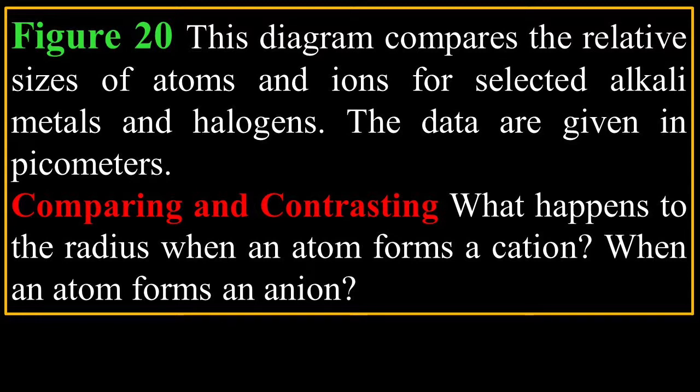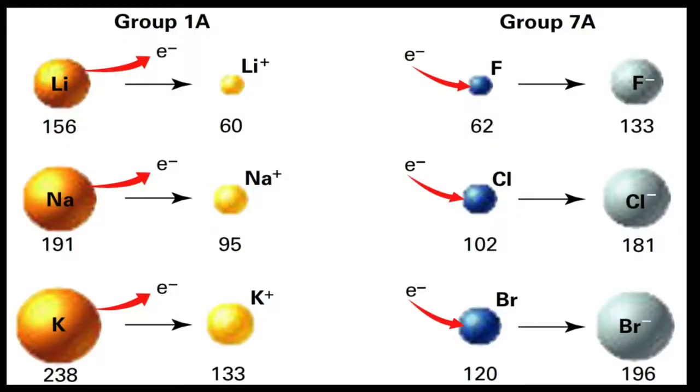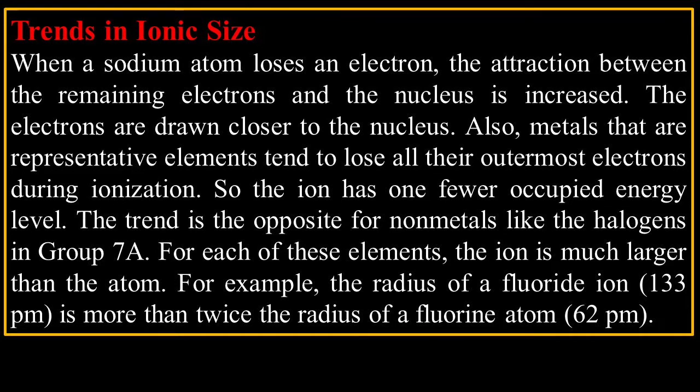So here is another figure, and you're looking at what happens to the corresponding cation for the metal and anion. So you're decreasing in atomic radii going from the metal to the cation and increasing going from the nonmetal to the anion. Look at those rather startling differences in ionic and atomic radii.